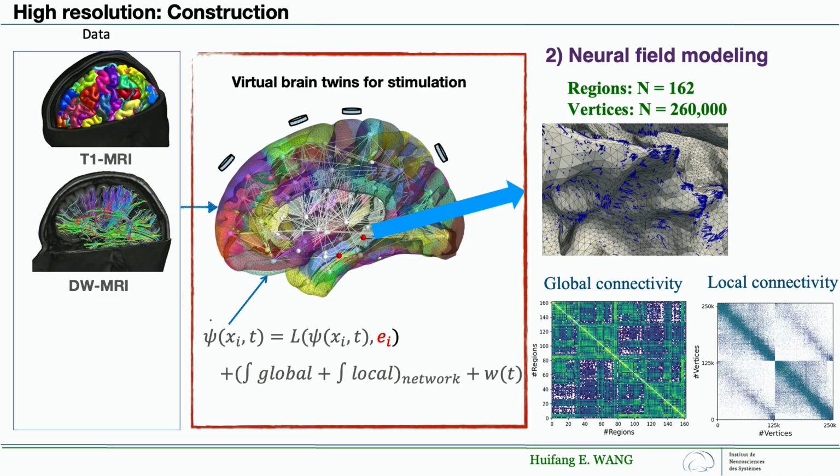We also put the noise here. So this is one equation model, and we put it on each vertex, 260,000 vertices. And then we can do the whole brain simulation.